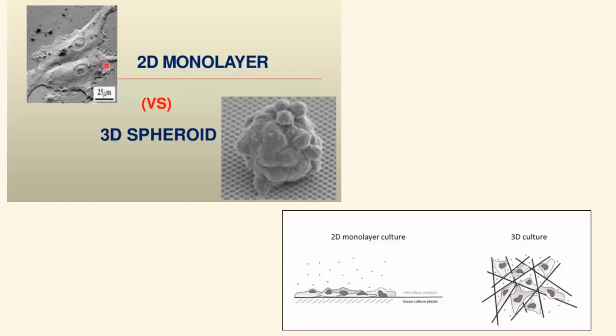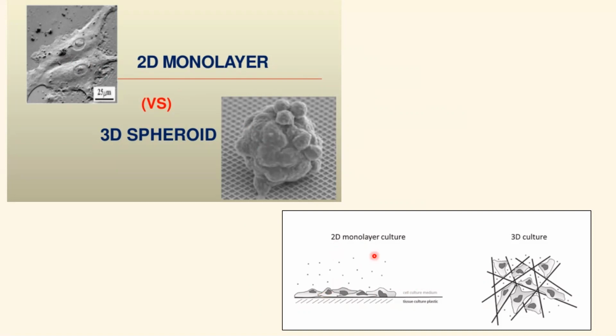Now you could see this is a mammalian cell culture cultured in a 2D culture vessel. And this is the same cell cultured in a 3D scaffold, and you can see the difference. When the cells are cultured in a 2D culture system, they look like a monolayer.